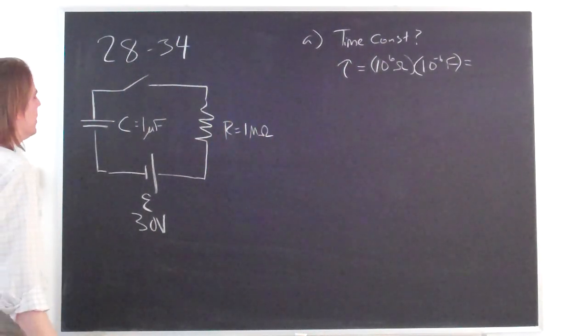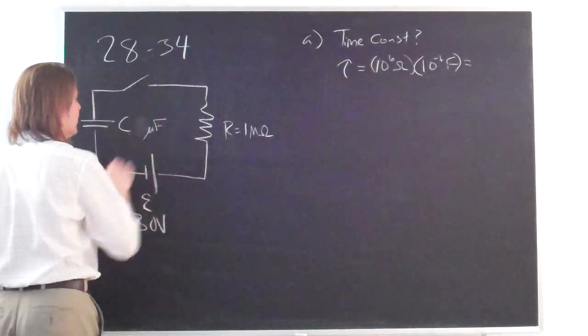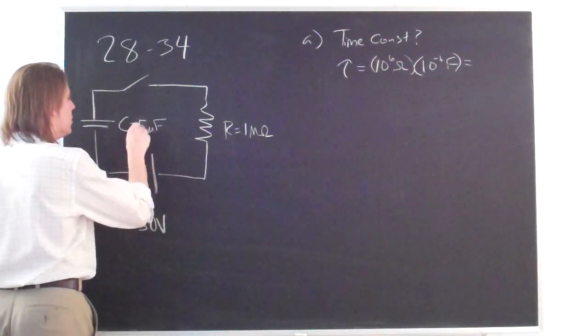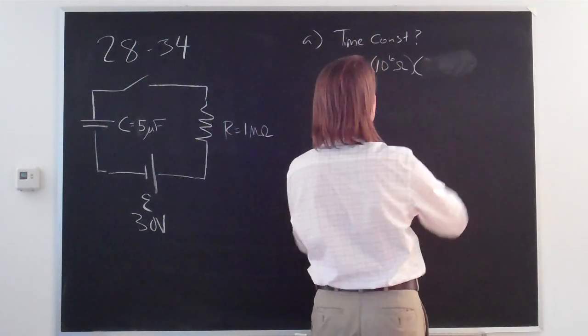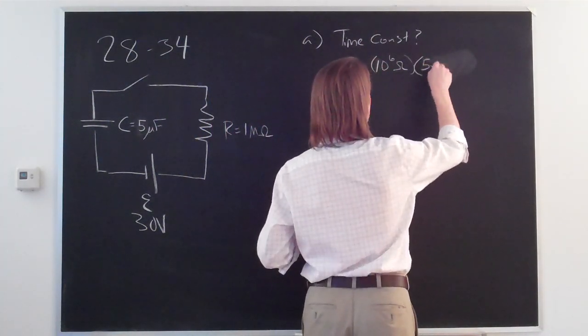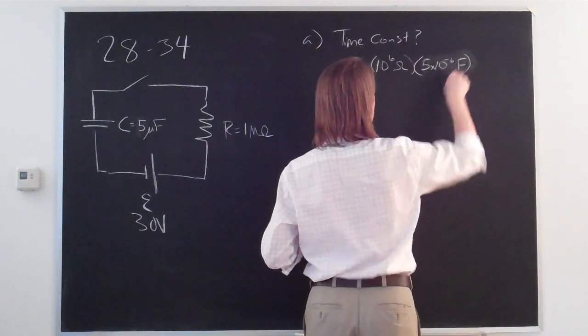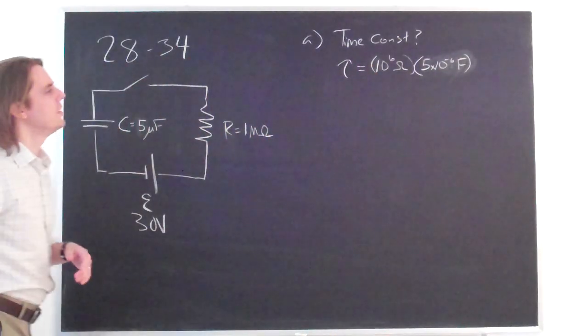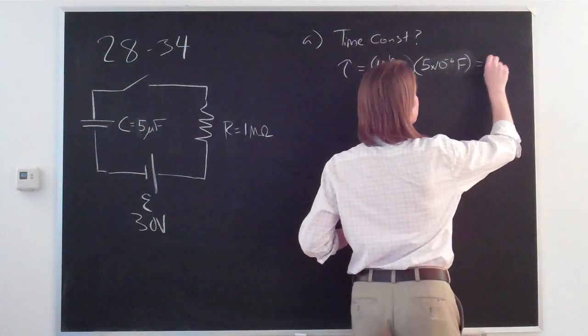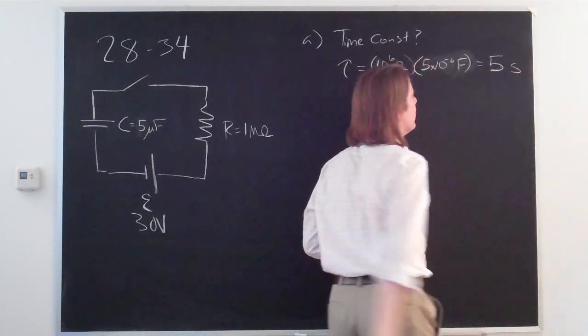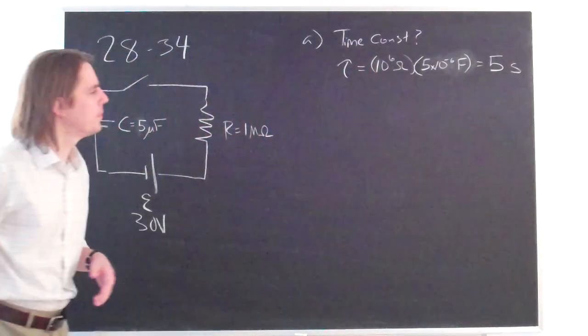I'm sorry, it's 5 microfarads. So 10 to the 6 times 10 to the minus 6 is of course 1, so we're just left with 5. So this is 5 seconds. Time constant is 5 seconds.